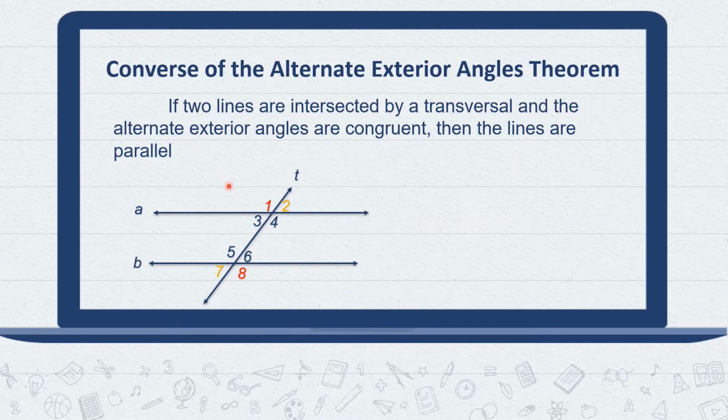We have angle 1 and angle 8, and angle 2 and angle 7. Now, if angle 1 is congruent to angle 8 and angle 2 is congruent to angle 7, then we can conclude that line A is parallel to line B.